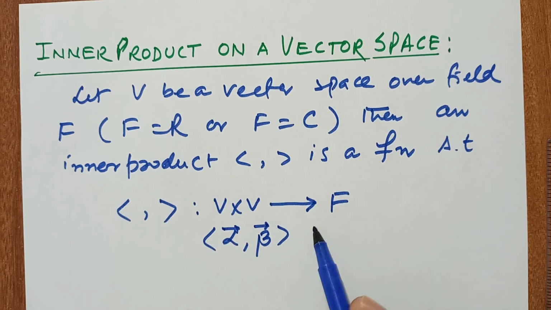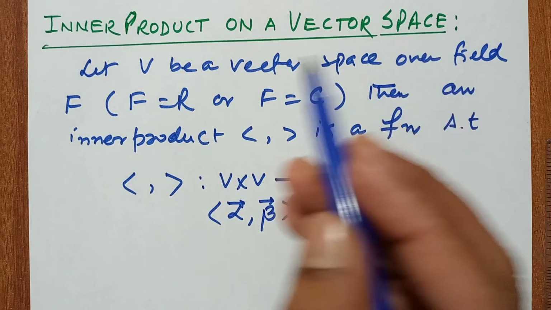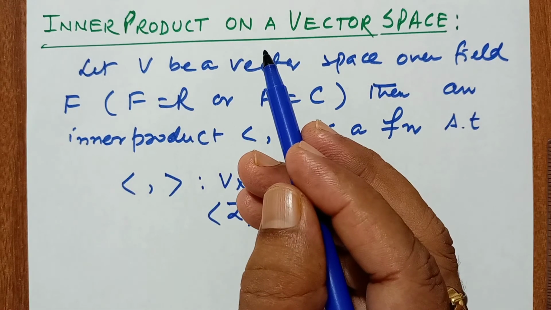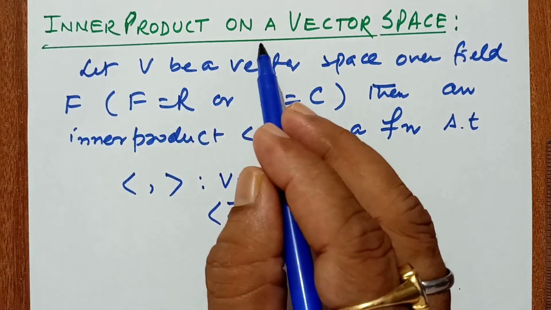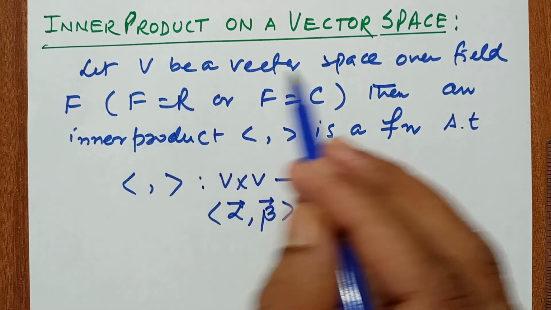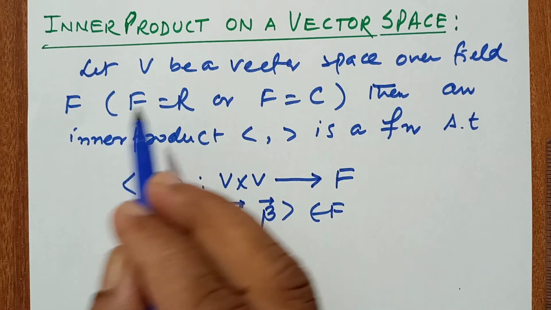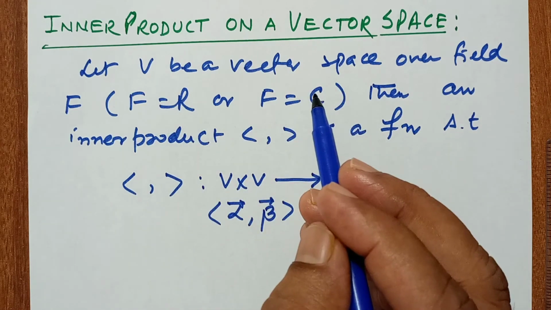So, inner product on a vector space. Let V be a vector space over a field F, where F is either the set of real numbers or the set of complex numbers.